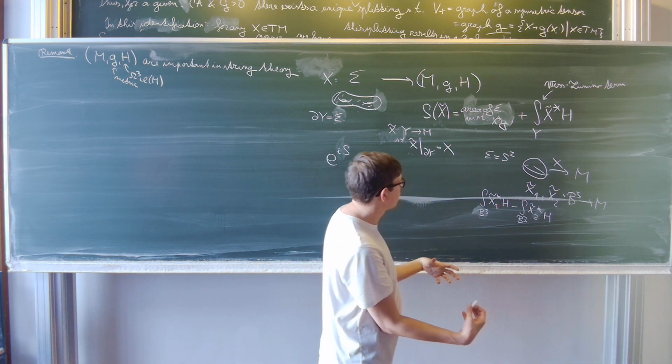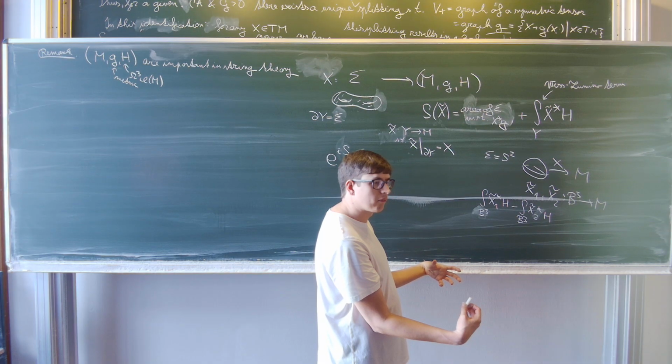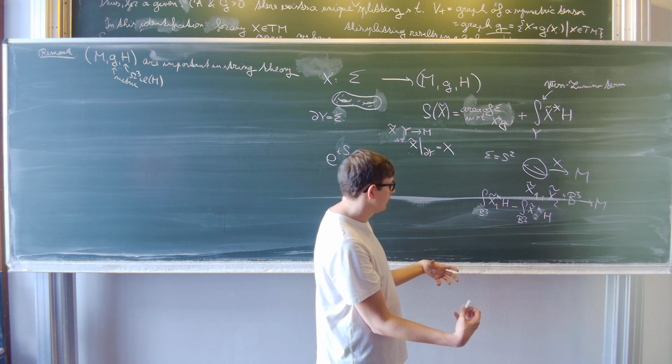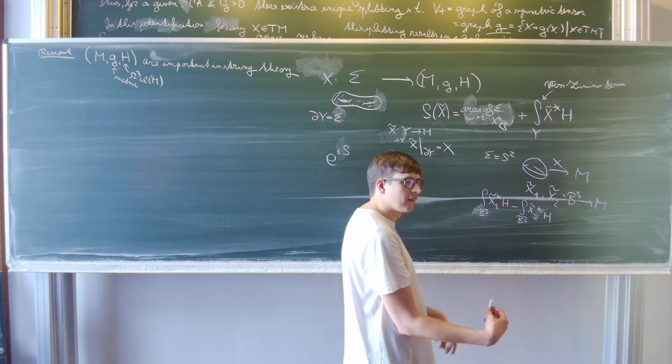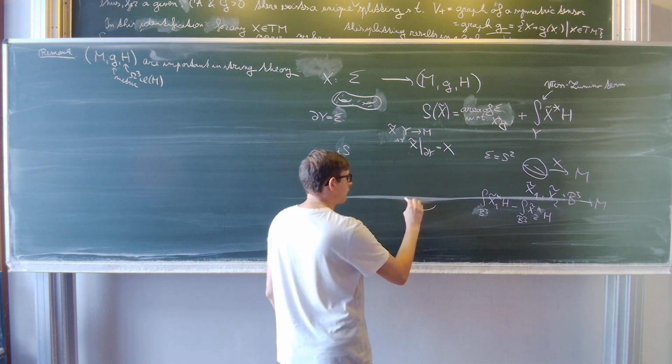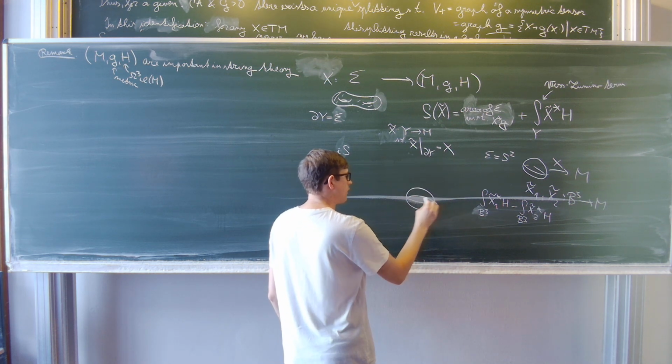How do I do that? Yeah, you imagine B3 as the upper hemisphere and the lower hemisphere here. Right, thank you.